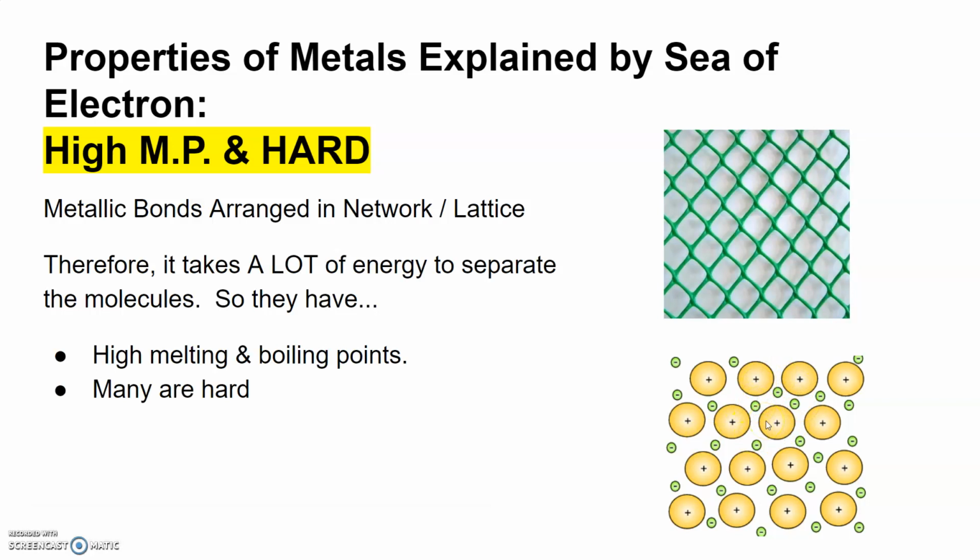Because they're arranged in a network or a lattice, that strengthens or reinforces their bonds. You're not just breaking apart two metal cations, you would have to break apart a lot of them. And because of that, it takes a lot of energy to separate the atoms in this substance. As a result, they have high melting and boiling points, and many are hard. So this should say separate atoms, by the way.